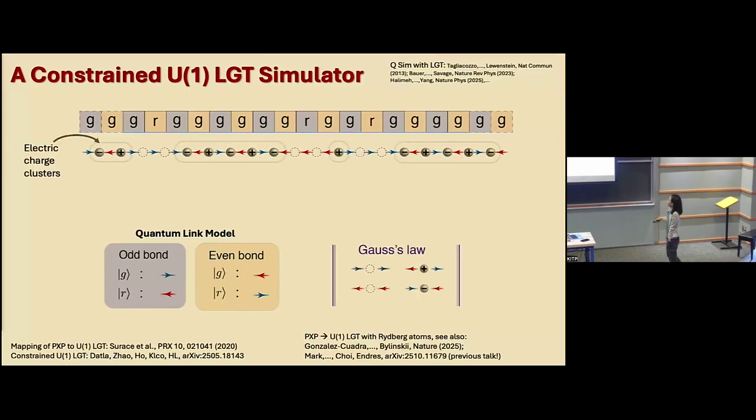Now you can inflate these electric strings with charges in a way that obeys Gauss's law. So now you can see that you form these electric charge clusters over here, and those charge clusters are separated by at least two vacua. Okay, so that's just a mapping from the Rydberg atom array to the U1 lattice gauge theory.